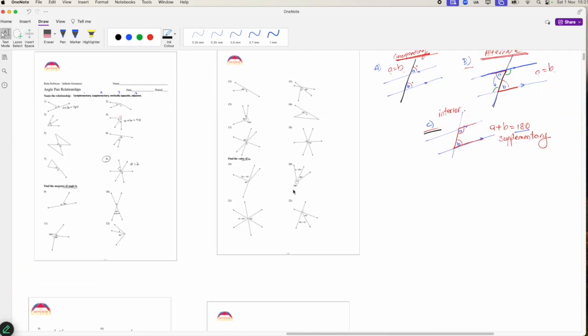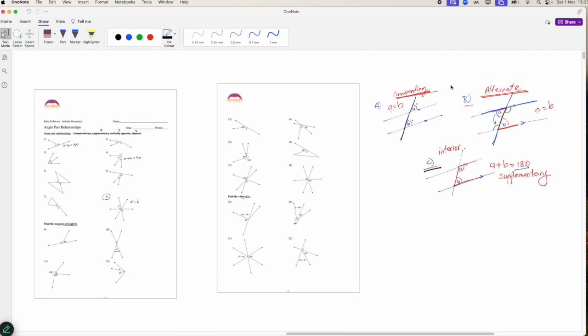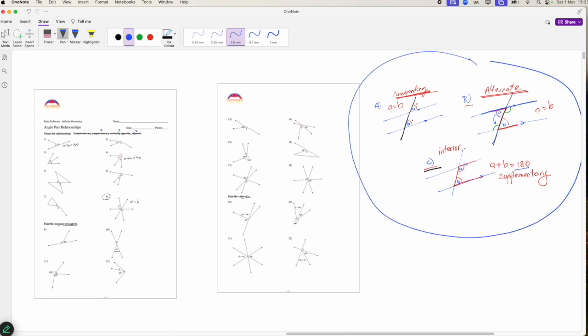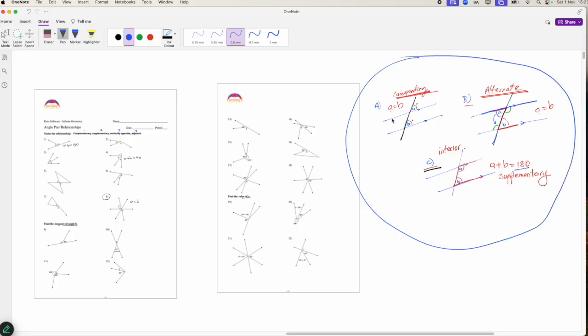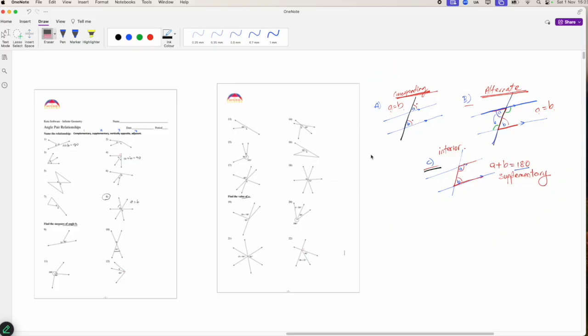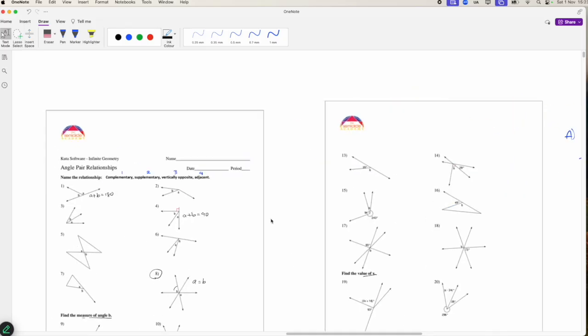If you don't know these rules, corresponding, alternate, interior, and the difference between them, you're going to lose real marks, because you're going to have at least 2 big mark questions that require you to know that. So don't make joke with that at all.